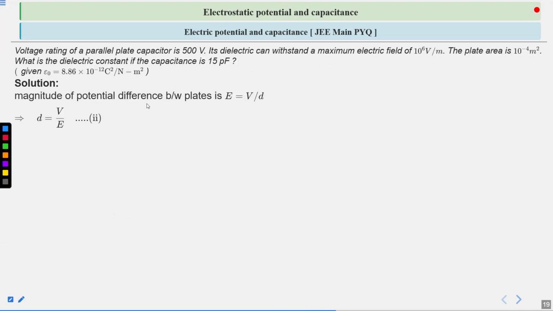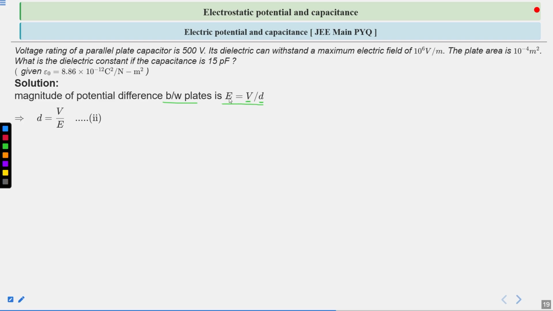Now, the magnitude of the electric field between the plates is E equal to V by D. V is the potential difference between the plates and D is the separation between the plates.